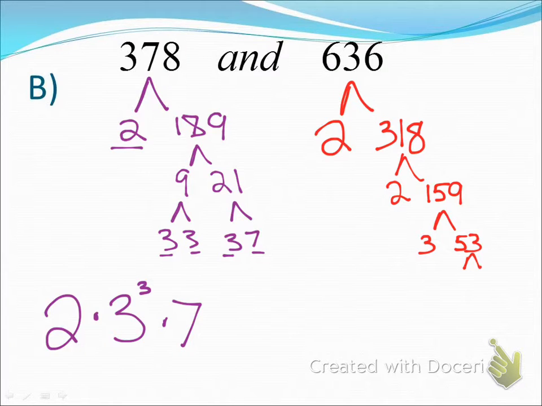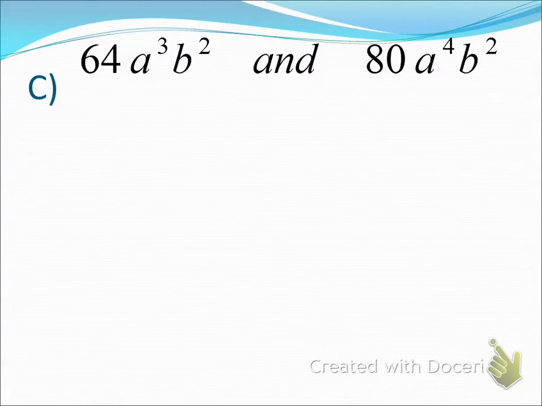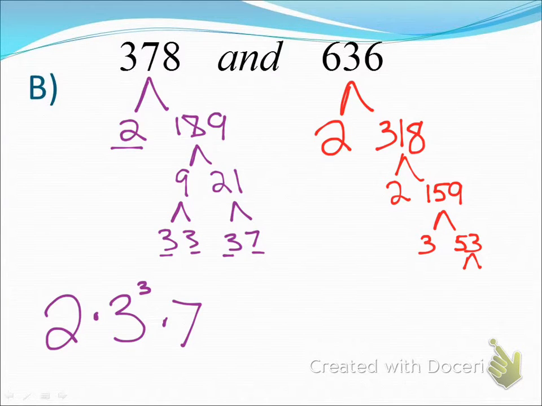Hold up. So is 53 prime? 6 and 9 is 54. Wrong button.